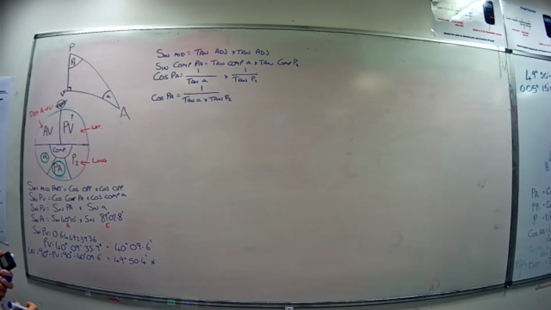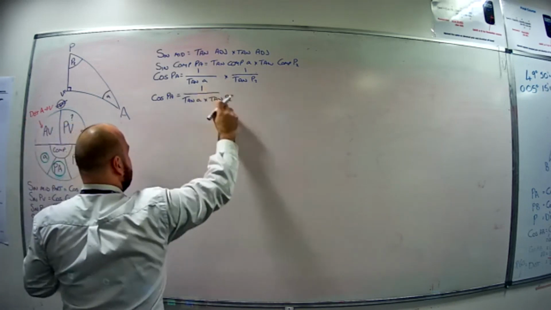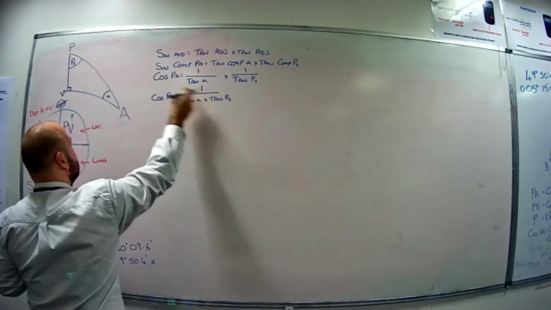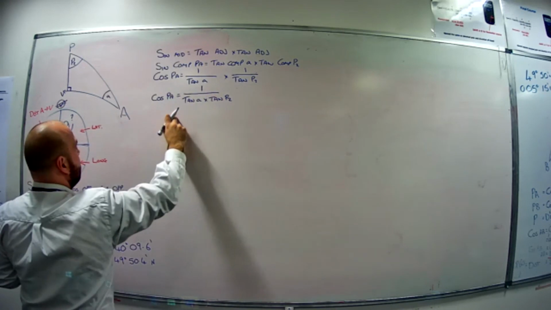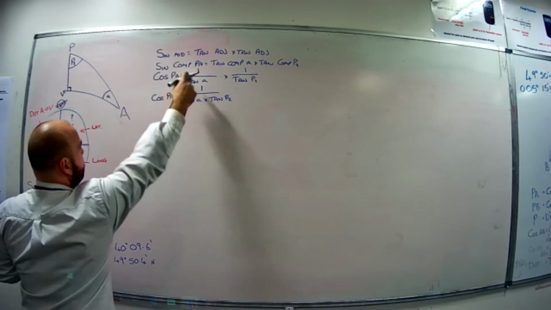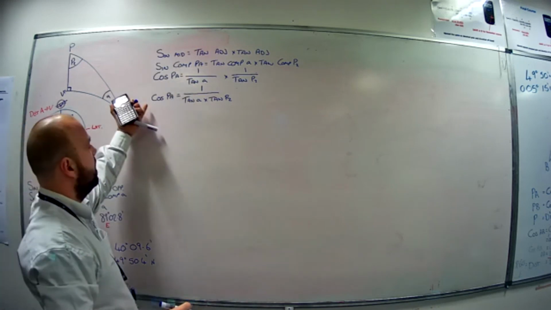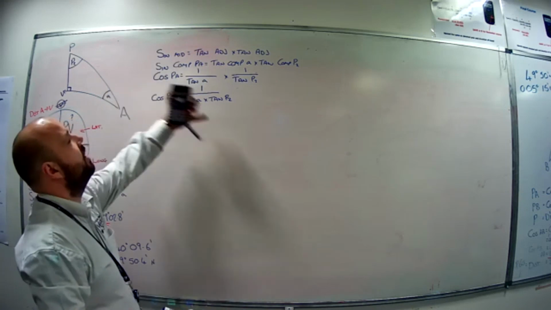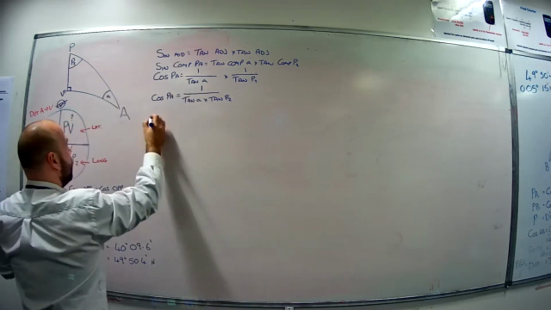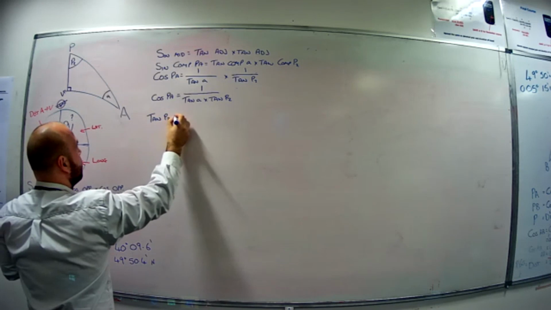Oh, I want to find P2. If I want to get rid of it off this side, I'm going to have to multiply it to get it over here. And then it's going to be tan P2 times cos PA. It's going to be 1 divided by tan A. And I need to get this cos PA from this side, so if it's multiplied over here, I'm going to divide it back over that side. What I end up with is just swapping tan P2 and cos PA over.